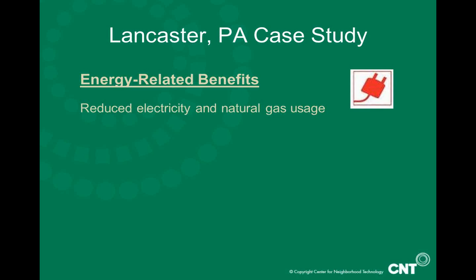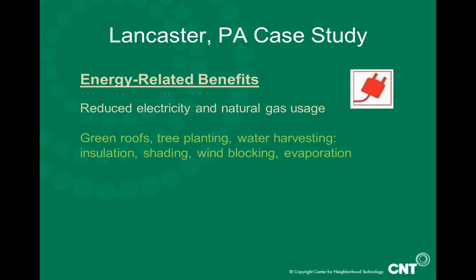Switching to the energy category, you heard me talk about that. In this case, we're going to talk about electricity use savings and natural gas use savings, but we're going to combine the benefits from green roofs, tree planting, water harvesting, and insulation, or those three things: tree planting, harvesting, and green roofs.